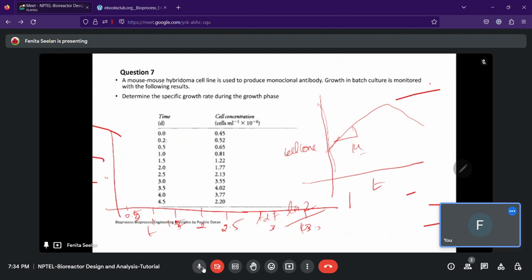Here 0.45 divided by 2, and at the maximum it is 4, right? So we'll write the same legends.